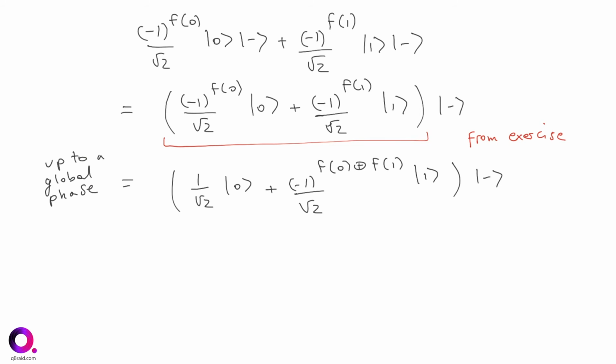And now notice that we have finally obtained what we wanted. This is because if f of 0 XOR f of 1 is equal to 0, then the first qubit is in the state plus.